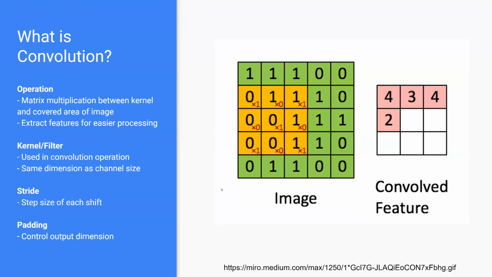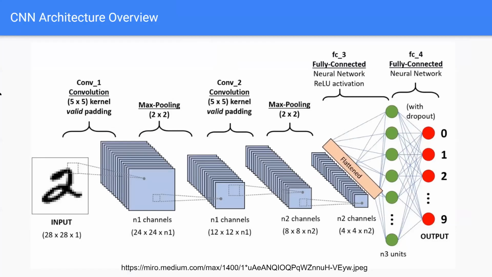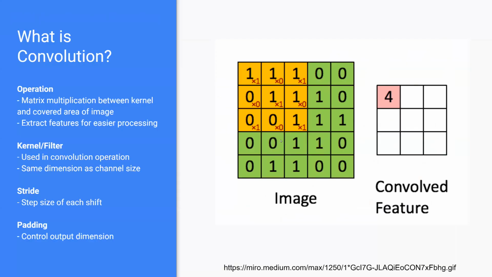Now moving on to the more specific steps, we can see there are convolution steps. Convolution is, it's in the name, a pretty important part of CNN.